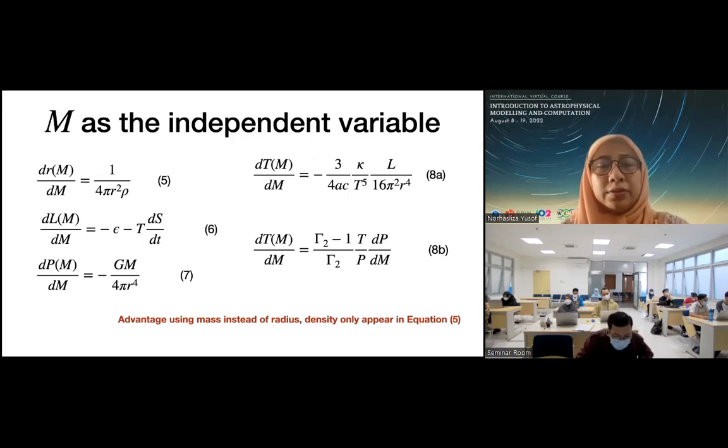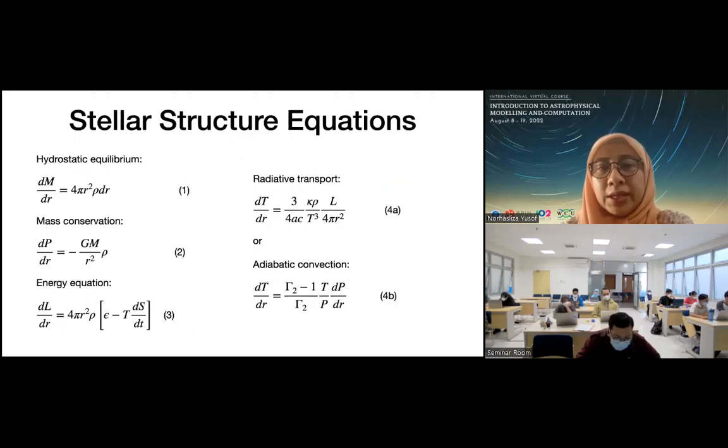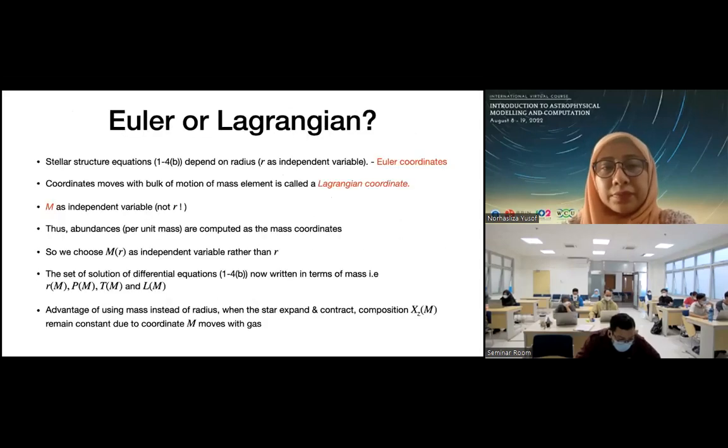So now equations 1 until 4b we can transform with mass as the independent variable. Here we have the rate of change of radius with m, the luminosity, the pressure, and also the temperature gradient for both radiative and convective transport. Compared with the Eulerian radius coordinate, where all the equations have density, 1, 2, 3, 4, everything has density except the adiabatic convection.